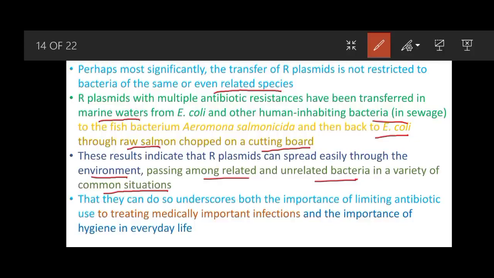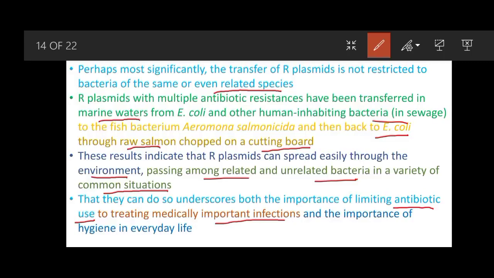That they can do so underscores the importance of limiting antibiotic use to treat medically important infections. It is important and necessary to lower the use of antibiotics for treating medically important infections, because excessive use will result in causing the R plasmids to spread very fast.